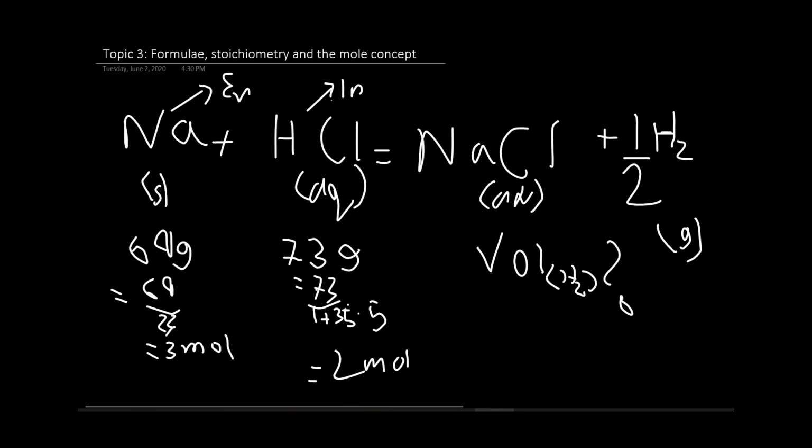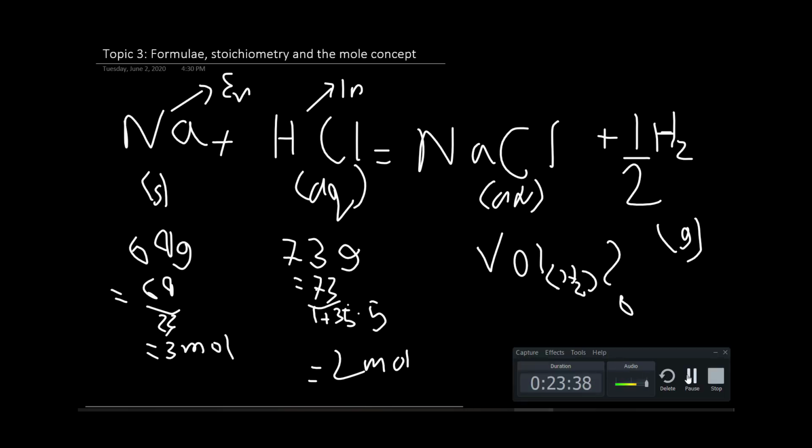So understand that when a certain reactant is all used up, it can no longer play a part in producing the products. And the products cannot be formed without HCl. No NaCl or hydrogen gas can be produced without HCl. So after 2 mole HCl has reacted with 2 mole sodium, the reaction stops, right? But sodium still remains, right? So that's the reason why the reaction depends on the limiting reactant.